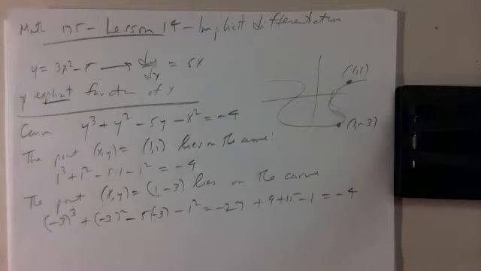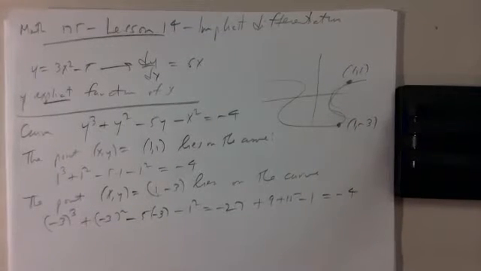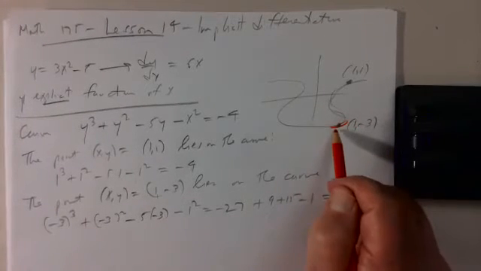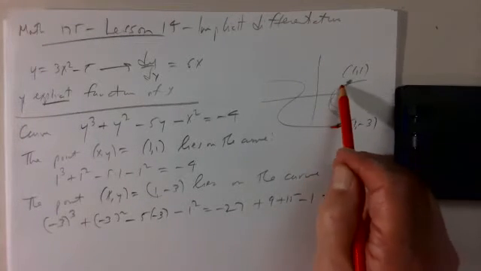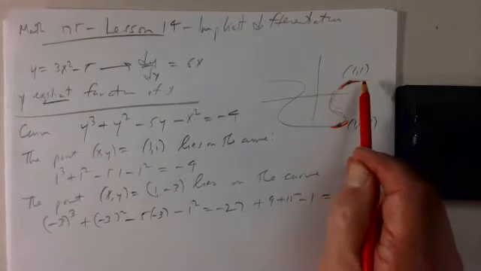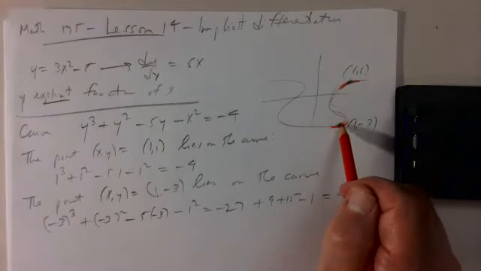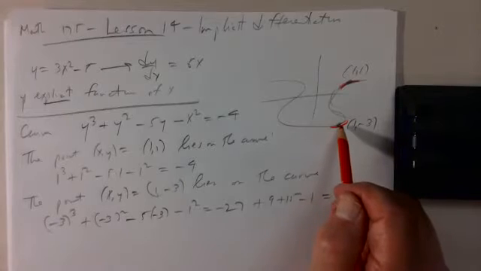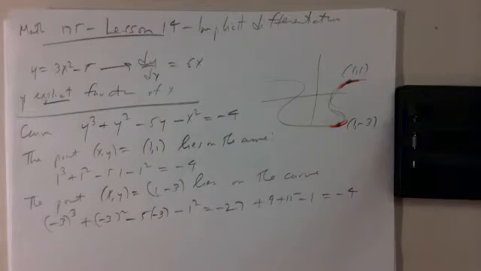Now, in any small interval around either one of these points, you actually have y as a function of x. And up here, y is a different function of x. So around either of these points on the curve, there's some function y of x defined implicitly by this equation.